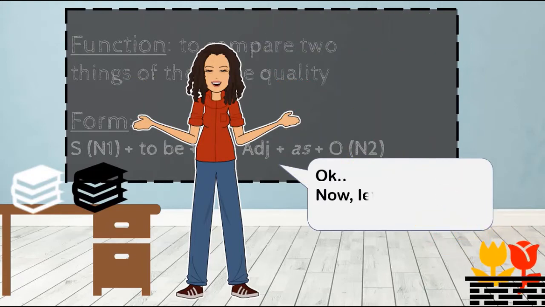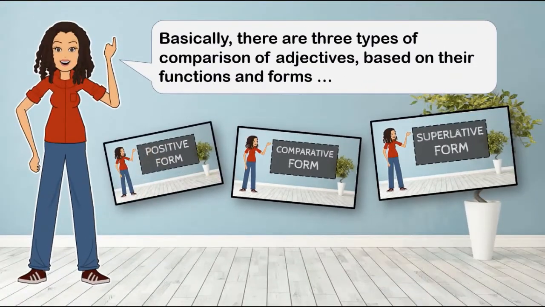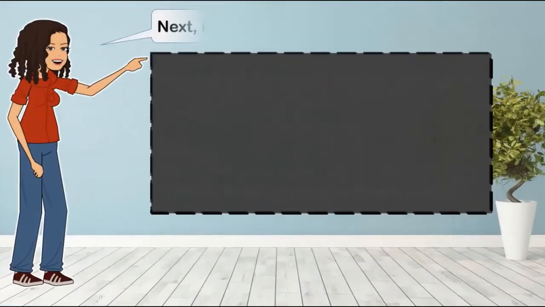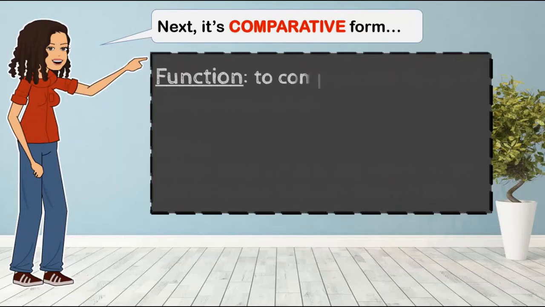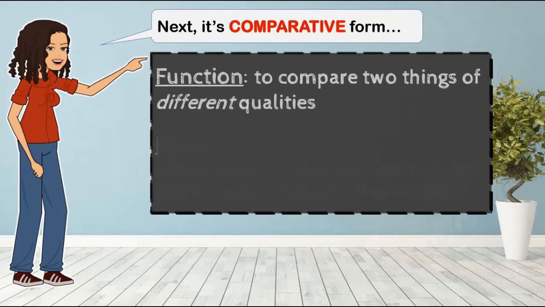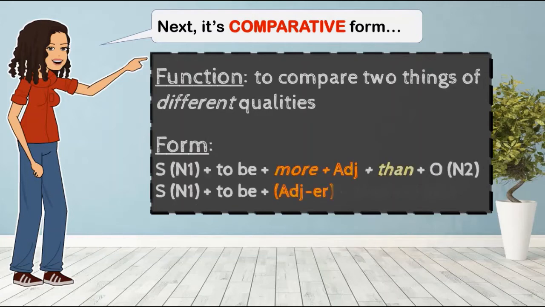Okay, so let's go to the next type, the comparative form. So the function of the comparative adjective is to compare two things of different qualities. Previously, when we talked about the positive form, it talks about the same qualities, so you can exchange the position between the first noun and the second noun.